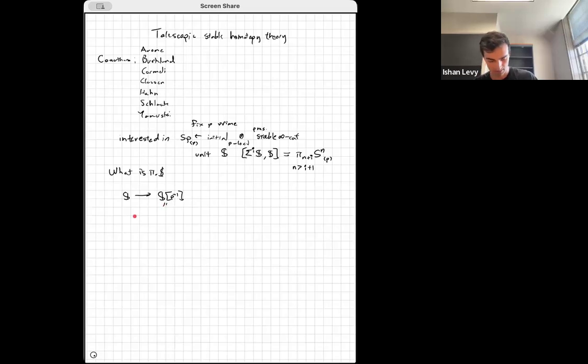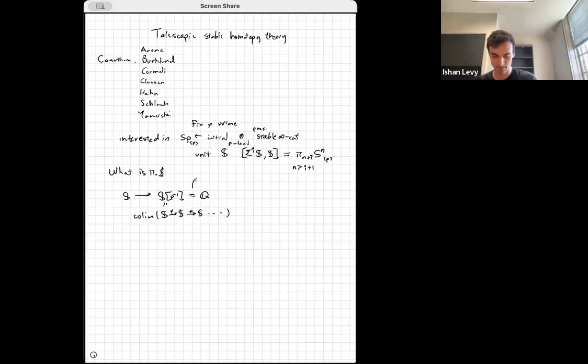By this, I just mean the filtered colimit of multiplication by p as a self-map of the sphere, which is sometimes called a telescope of multiplication by p. And it turns out that this is just the spectrum that is the rational numbers. In other words, its homotopy groups are Q in degree 0 and 0 otherwise.